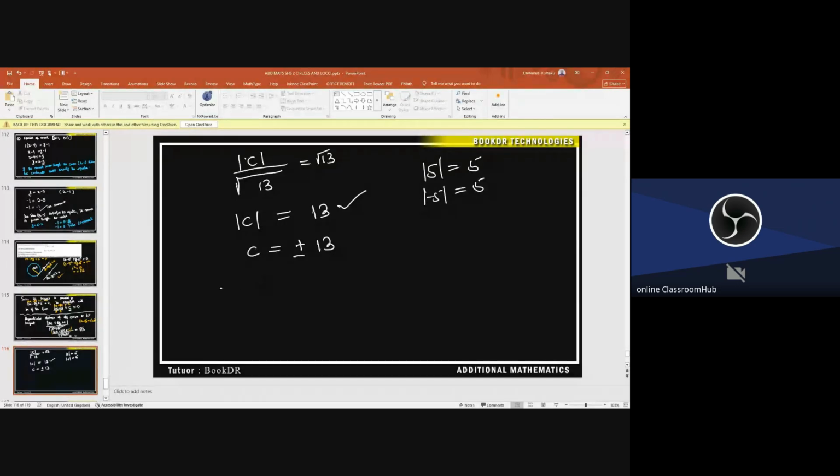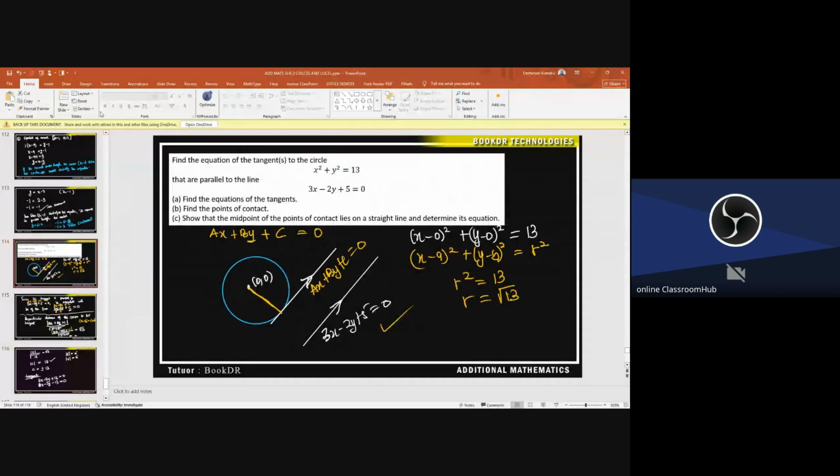So the equation of the tangent, we are going to have two equations. We have 3x minus 2y plus 13 is equal to 0, and 3x minus 2y minus 13 is equal to 0.